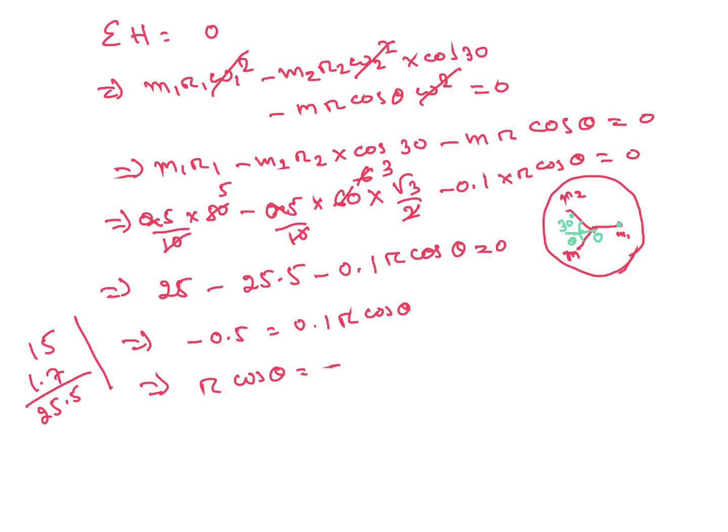So vertical also we will do like this: sigma V equal to 0 from origin O, upward is positive, downward is negative.